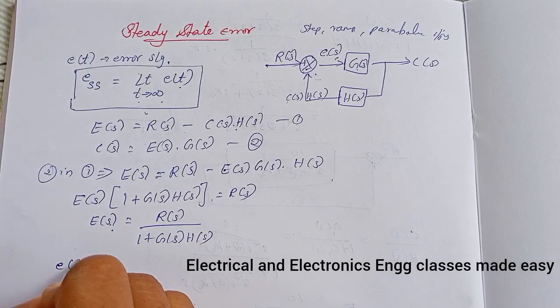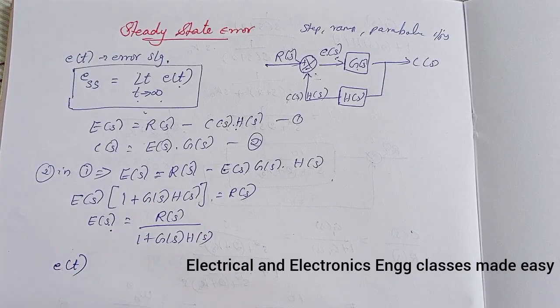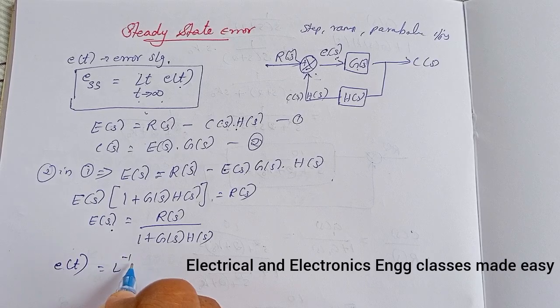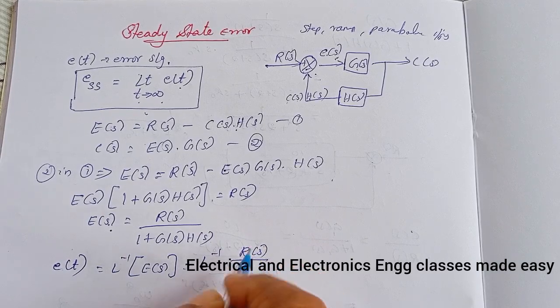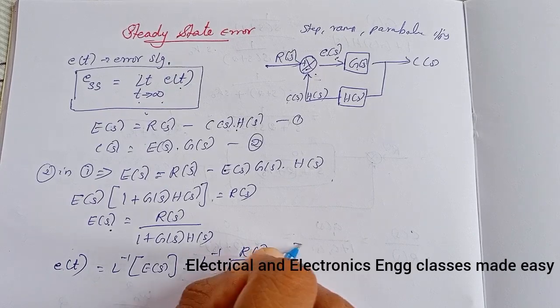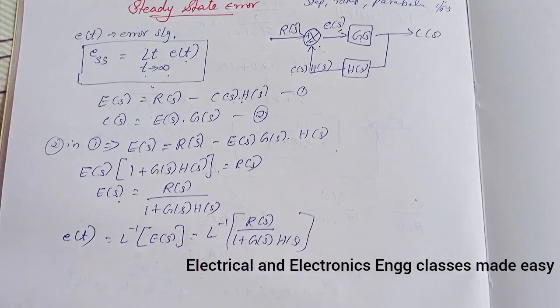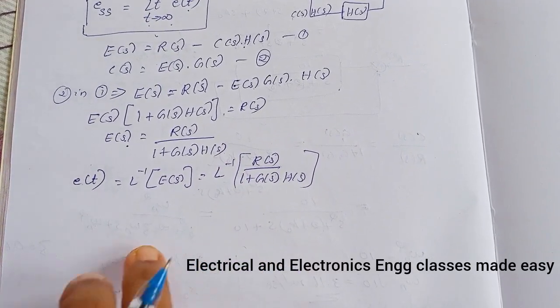The error signal in the time domain, e(t), is equal to the inverse Laplace transform of E(s), that is L inverse of R(s) divided by 1 plus G(s)H(s).